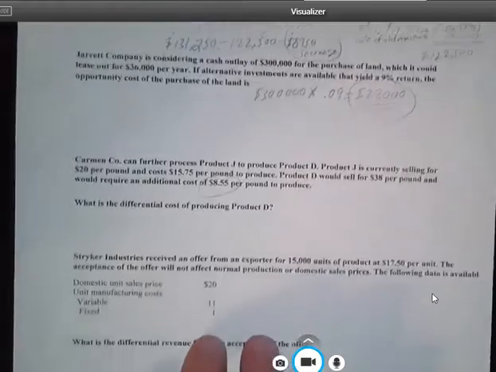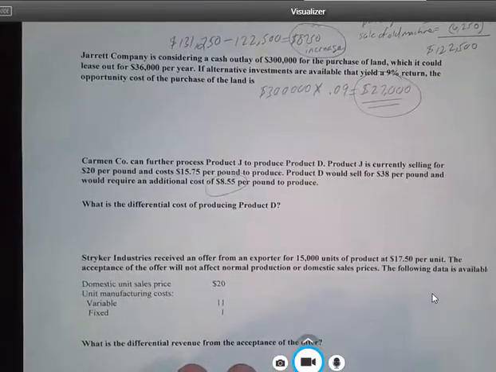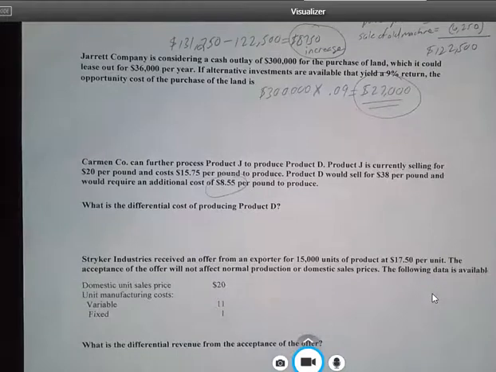All right, let's look here at the last question. Stryker Industries received an offer from an exporter for 15,000 units of product at $17.50 per unit. Okay. The acceptance of the offer will not affect normal production or domestic sales prices. That's good information. That means that we are operating within our capacity.